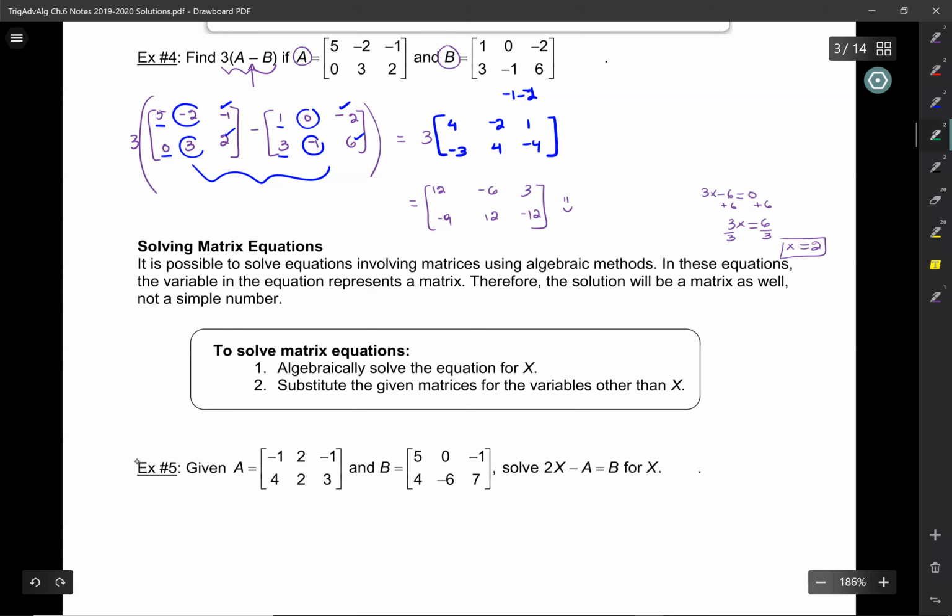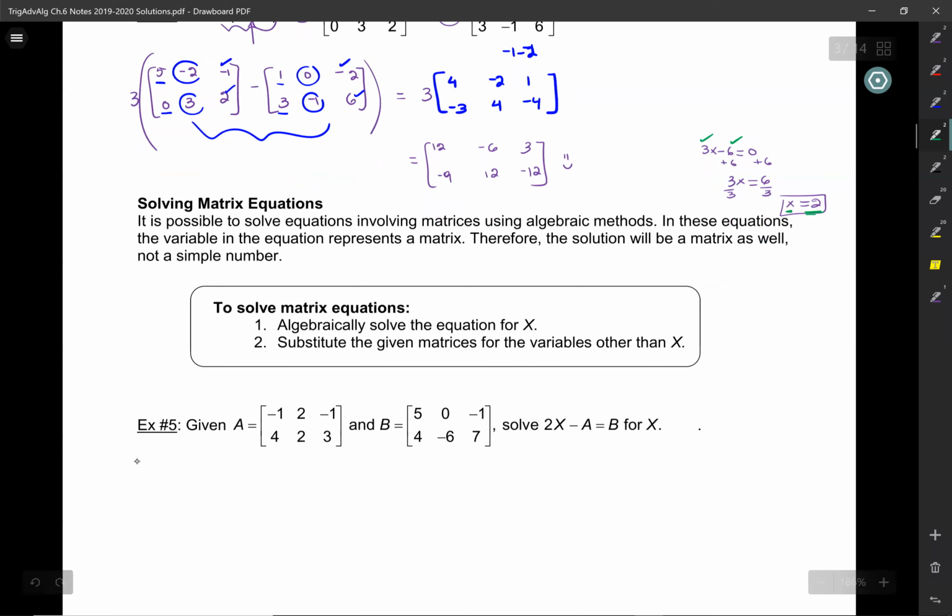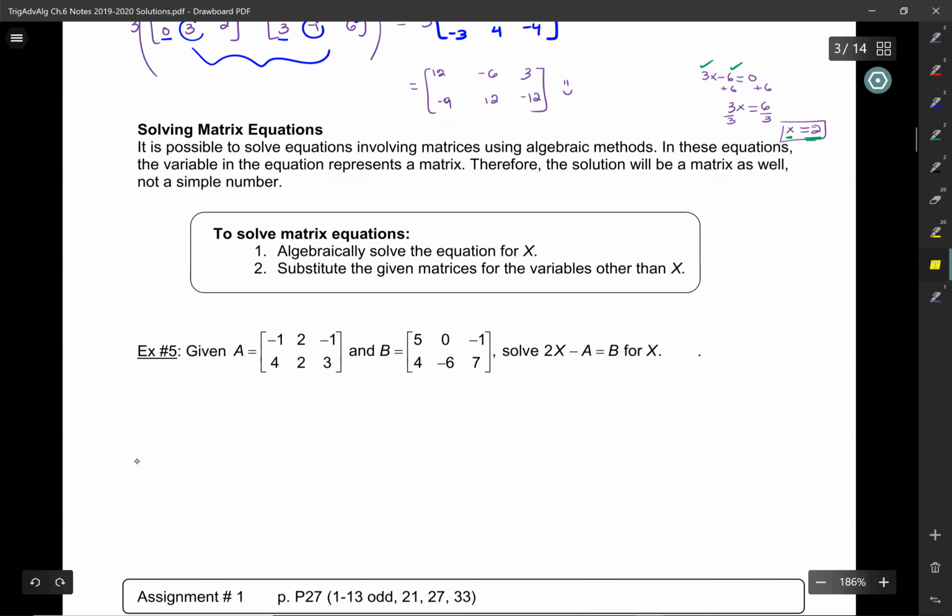So what do we notice here? All of the players here were just regular old numbers. And when I solved for x, guess what I got for x? Another regular old number. So now, when I have a matrix equation, the variable in the equation represents a matrix. So when I say x equals blah, that blah is not going to be a number, it's going to be a matrix.